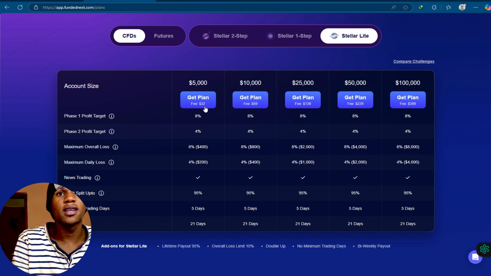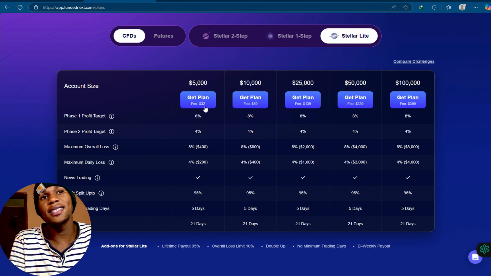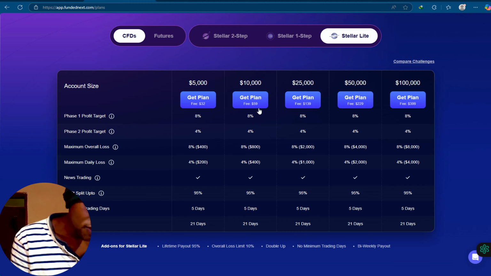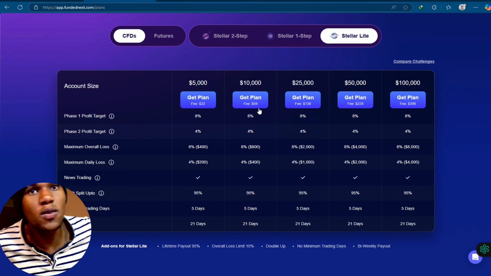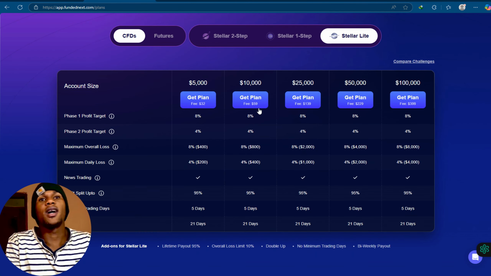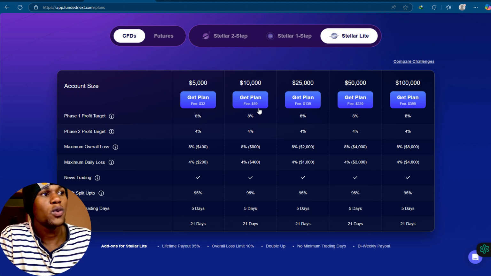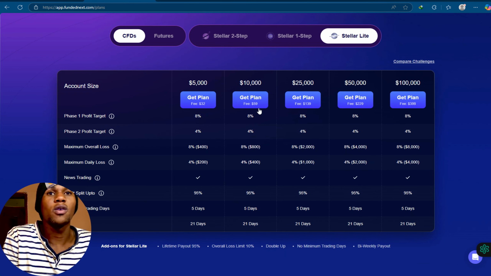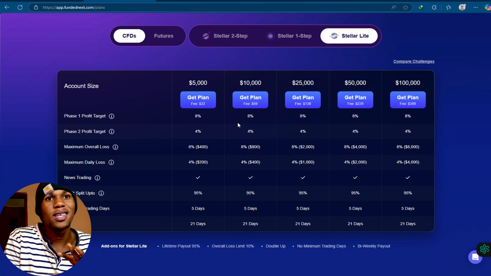They have cheaper prices for their challenges compared to the rest of the prop firms, some of which don't even provide MT5 or MT4 trading platforms. I checked more and more, and I also checked on Trustpilot, and it came out that Funded Next is the best prop firm that one can use.